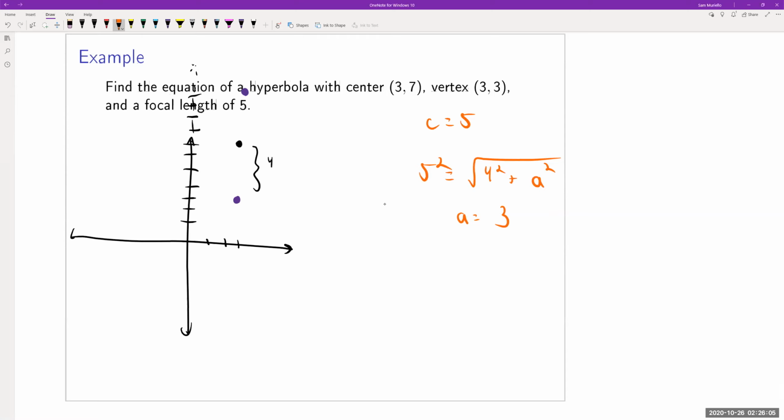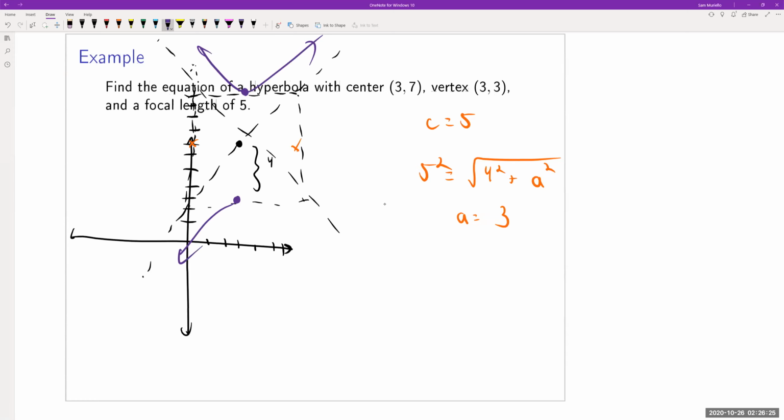So we can fill in these, which will, of course, be x's at a distance of 3 on each side, and use this to loosely give us the hyperbola.